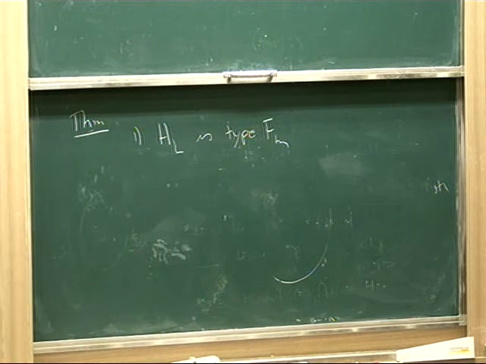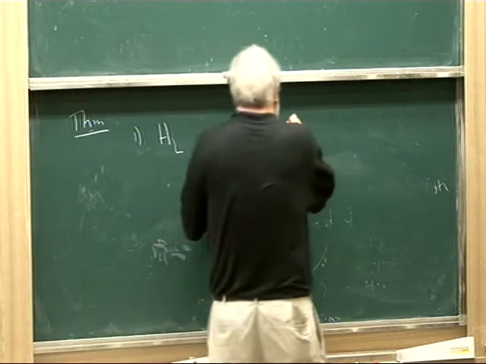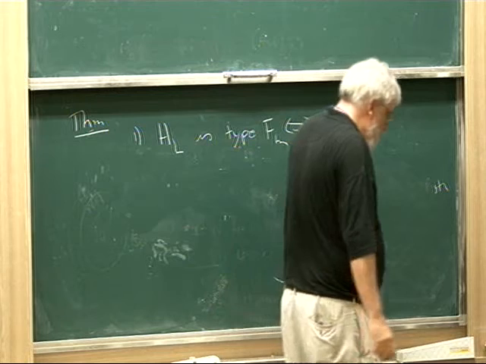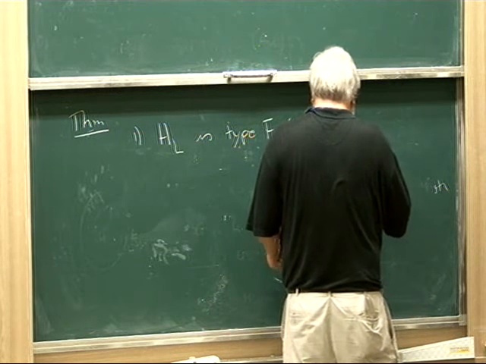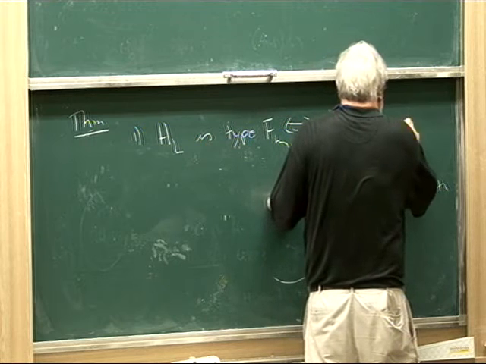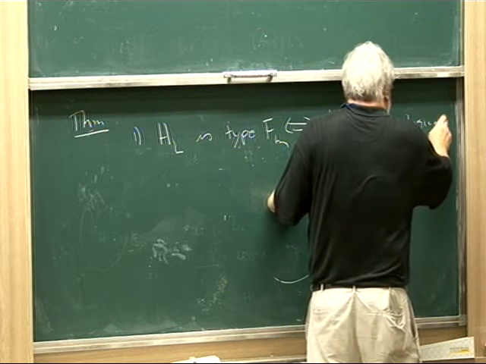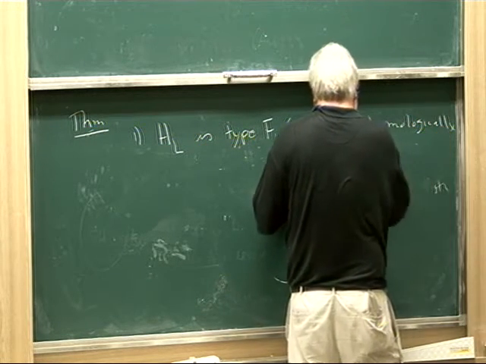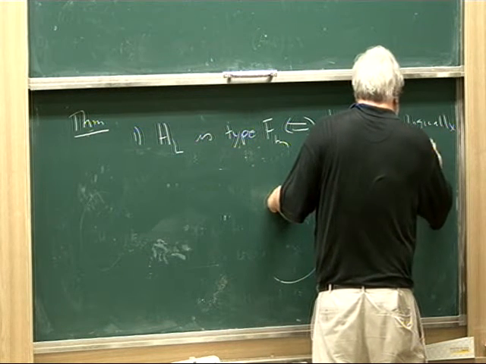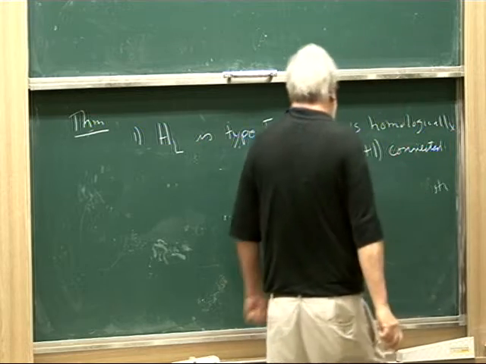Let's see, I have to get this right. If and only if... so F2 should be, yeah. L is homologically, I think I want to say, m plus 1 connected. When I get to the examples, we'll see if that's right.